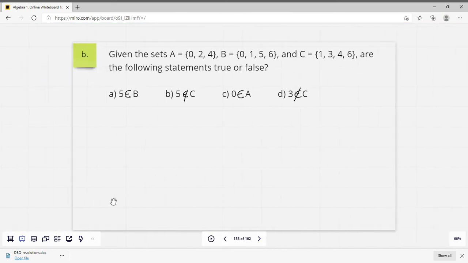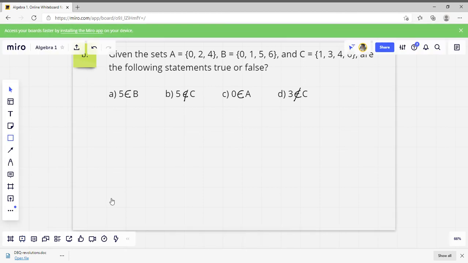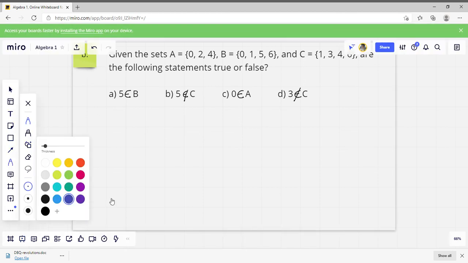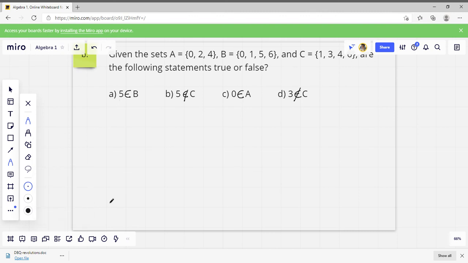Alright, given these sets, determine if these statements are true or false. A, 5 is a member of B. So I'm going to go to B. Yes, there's 5, so that one is true. 5 is not a member of C. So I'm going to go to C. And I can't see it.